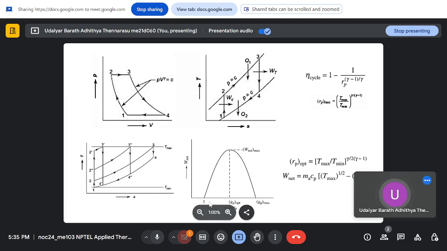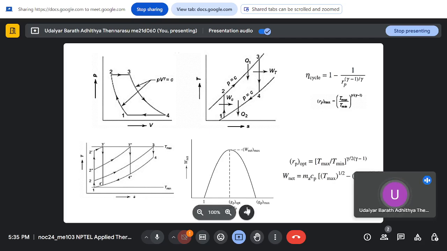And when your pressure ratio is 1, you're not having any work output, so there's no cycle. And when you are having maximum pressure ratio, again your compressor will have the volumetric efficiency become 0, and there will be no work generated.